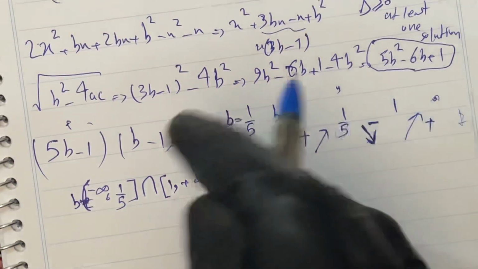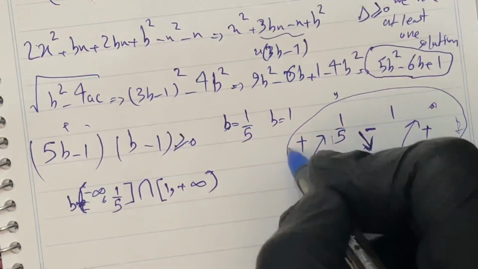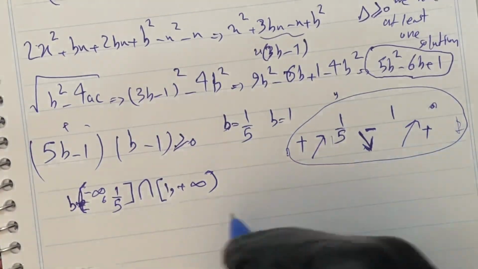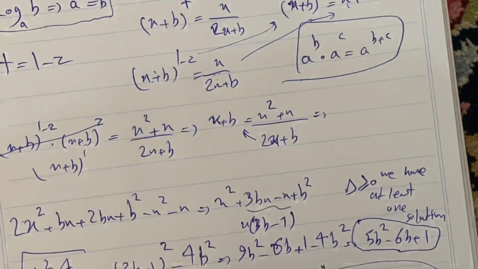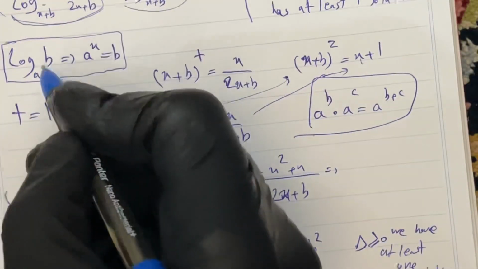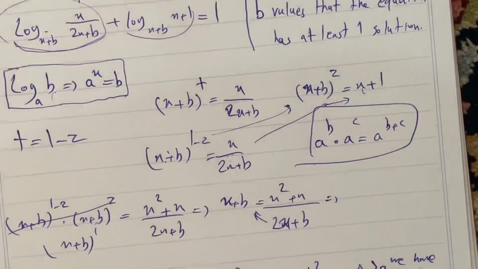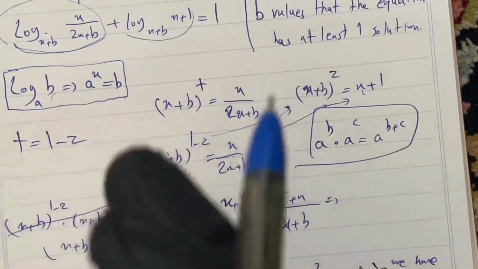So the most important parts were this, which is determining whether the function is negative or positive at each point, and another point was the use of the most basic definition of logarithm to solve any log problem. So don't just use those confusing, scary formulas.